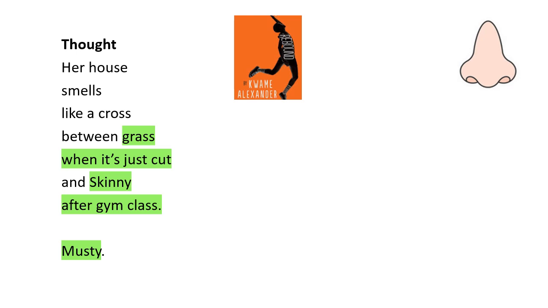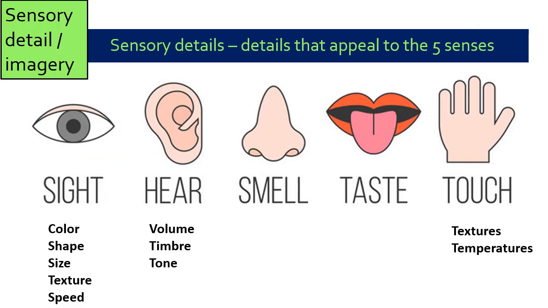So he's making that smell by comparing other smells that the reader might be familiar with to Mrs. Wilson's house. So, writers try to include lots of details about the sights, sounds, smells, tastes, and touches that are in the story so that the reader can feel like they're experiencing them directly.